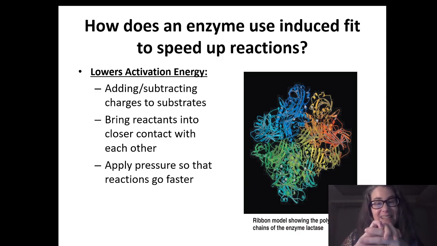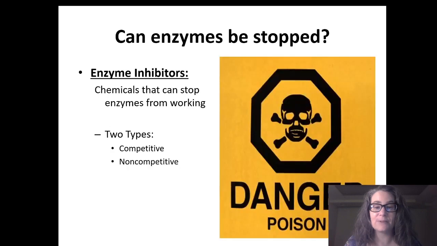Or sometimes even the squeezing, just applying pressure, encourages the reaction to happen faster. So this induced fit helps lower the activation energy and speed up these reactions by squeezing, adding and subtracting charges, changing chemistry, and bringing things closer together so that reactions can occur.